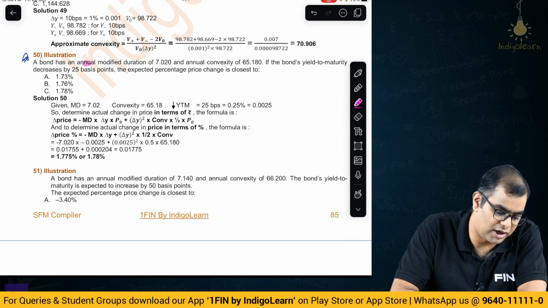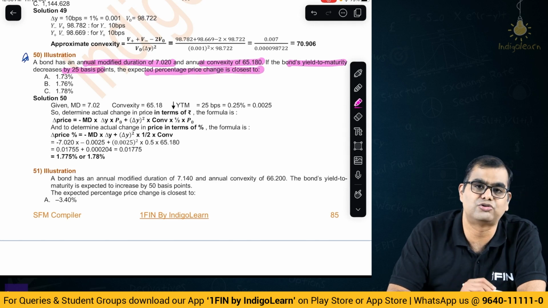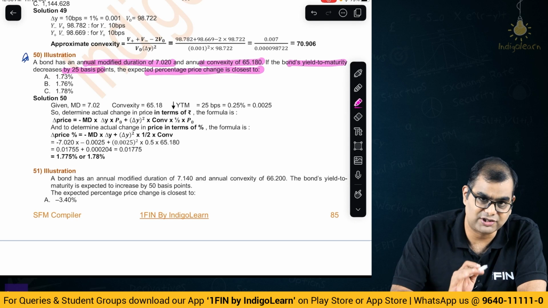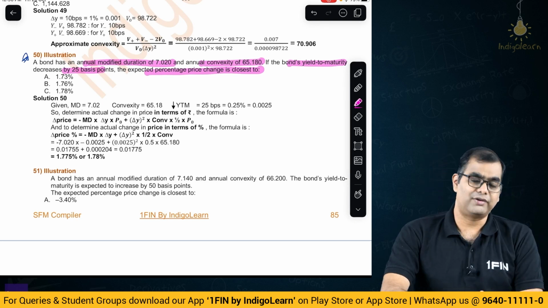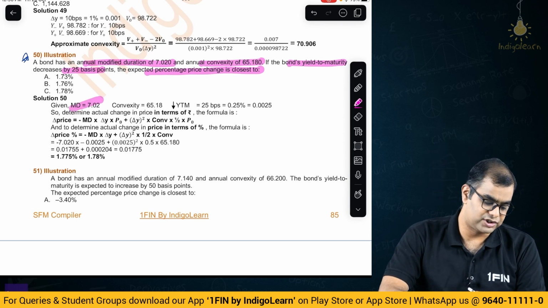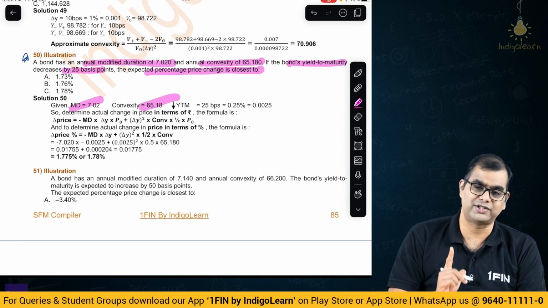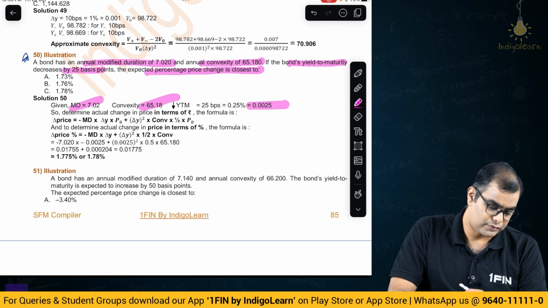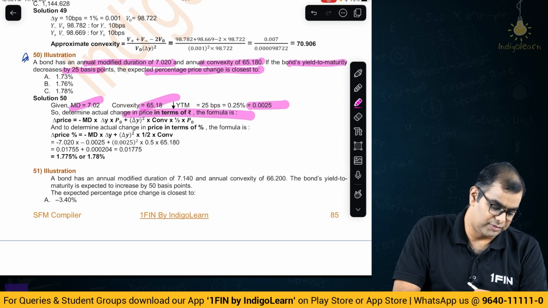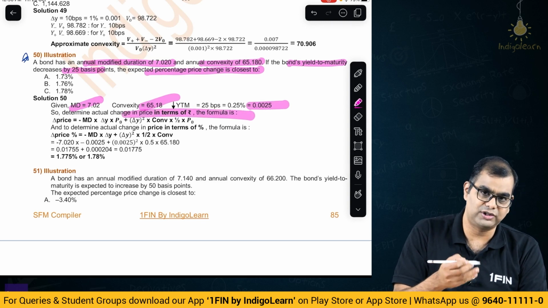A bond has annual modified duration of 7.2 and annual convexity of so and so. The bond's yield to maturity decreases by 25 basis points. Expected percentage change is close to what? So, they have asked you this exact question, which is, what is the change in price given modified duration and convexity? Yield has come down by how much? 25 bips, so price will go up. So, how do you find the change?